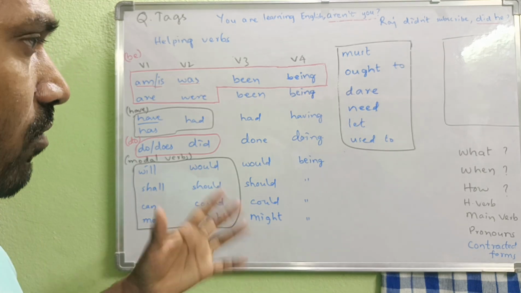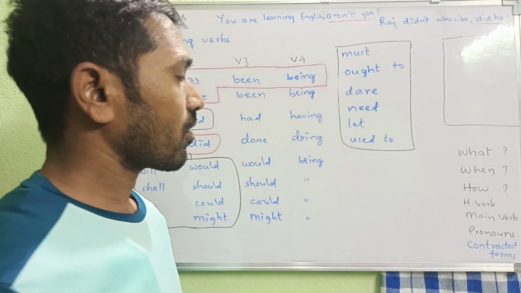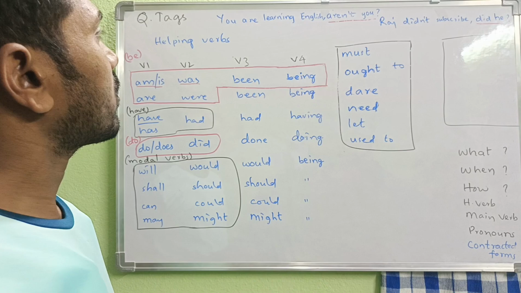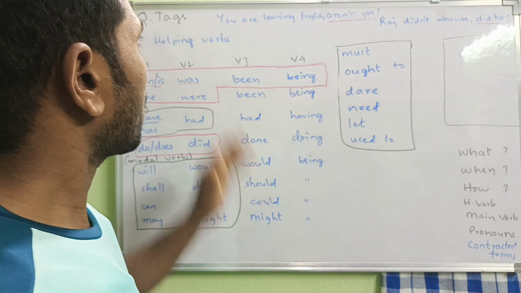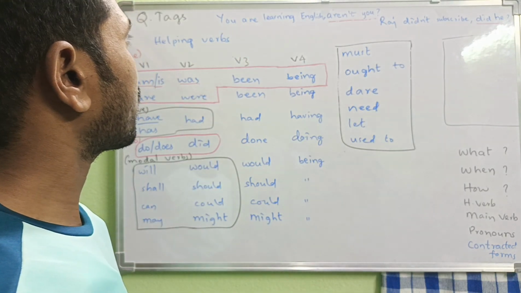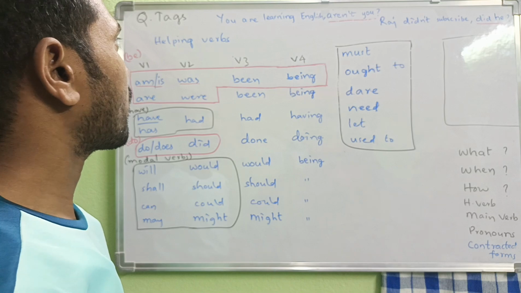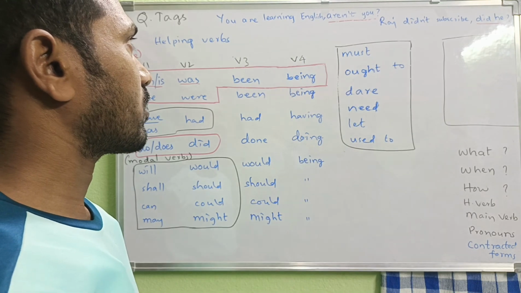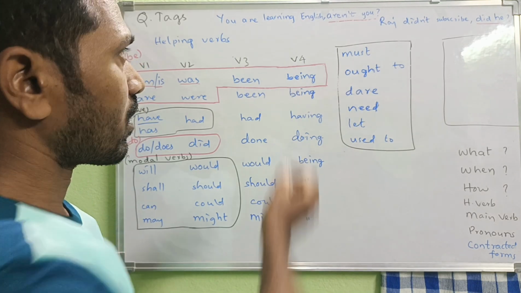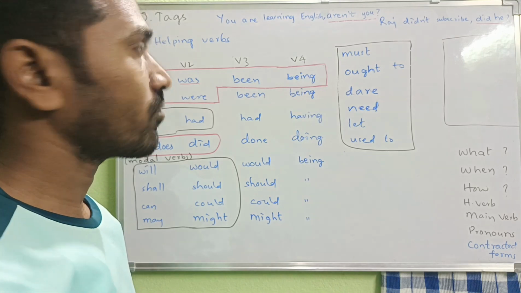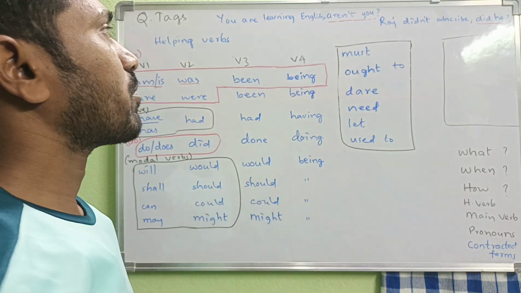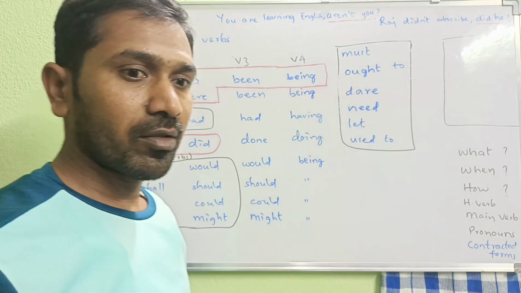First, what are question tags? You are learning English, aren't you? Here, in this statement, first I gave a piece of information, you are learning English, and after that, I added a group of words, aren't you, to have the confirmation from the listener.